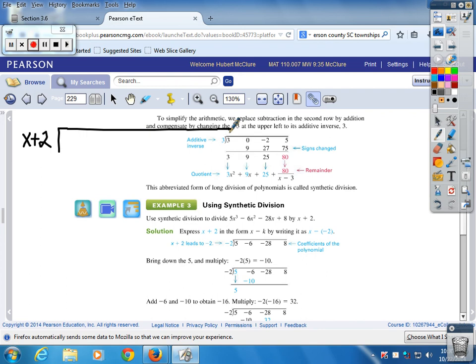So everything's good. 5x cubed minus 6x squared minus 28x plus what? 8. Everything look good? 3, 2, 1, 0. 1, 0. So everything's good.